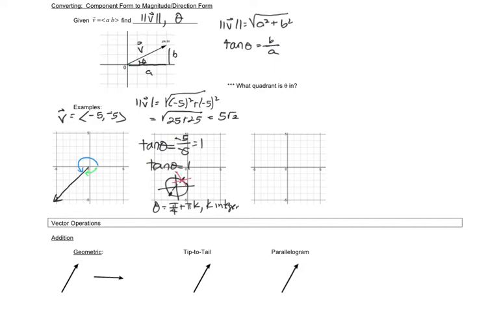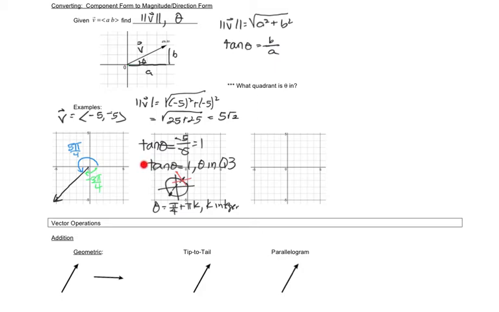We want to know tangent of theta equals 1 and theta is in the third quadrant. And so we could either use this angle here, 5 pi over 4, or we could call it negative 3 pi over 4. But it's not pi over 4.